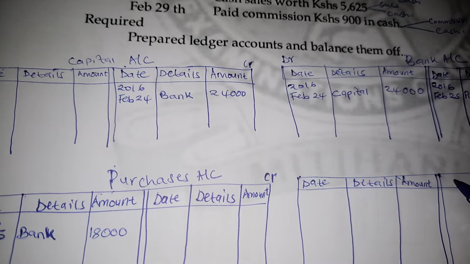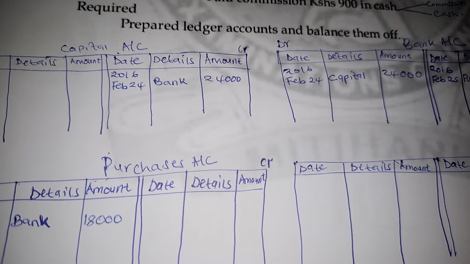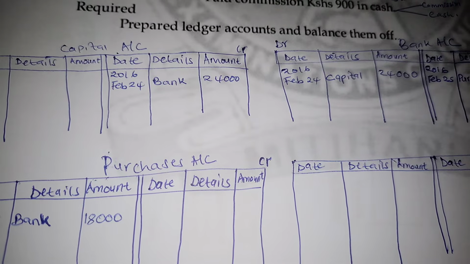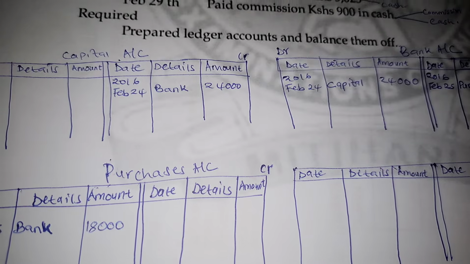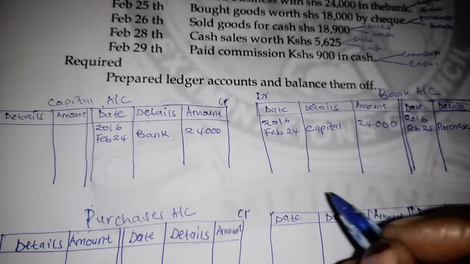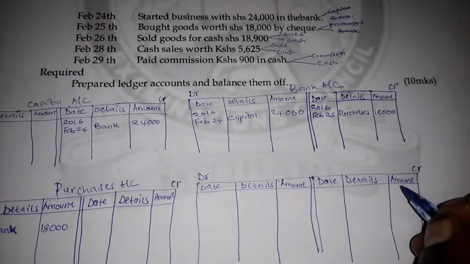Separate the two sides: date, details, and amount. This is our debit, this is our credit side.